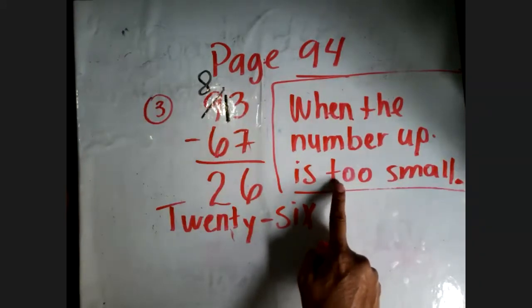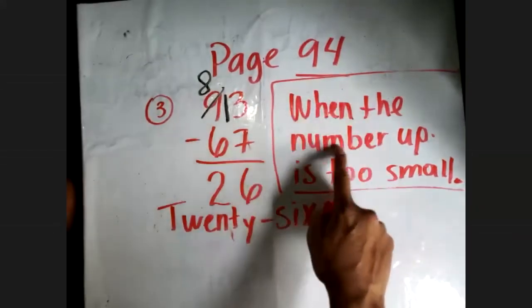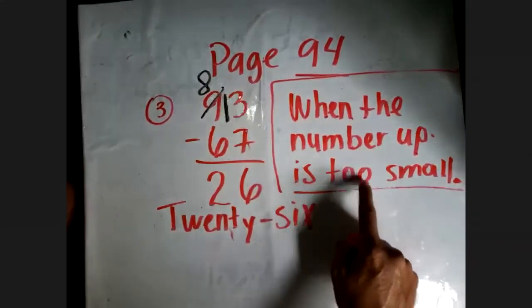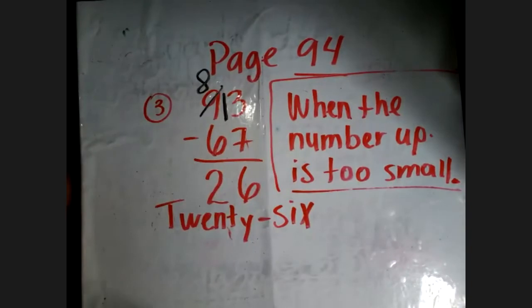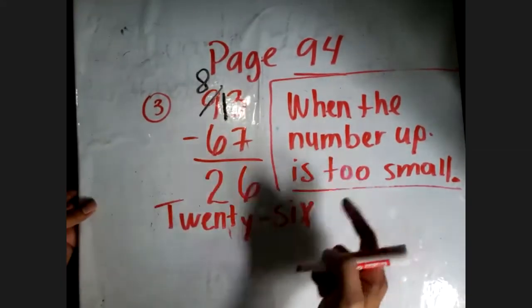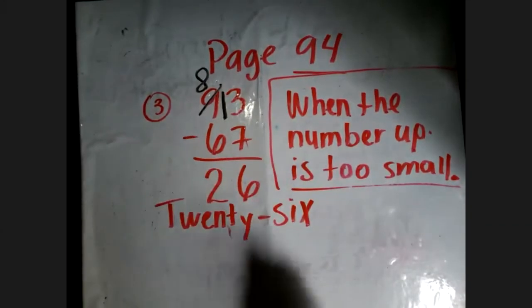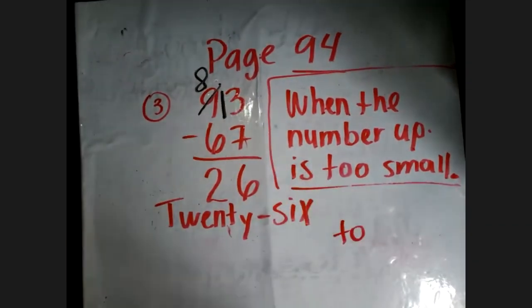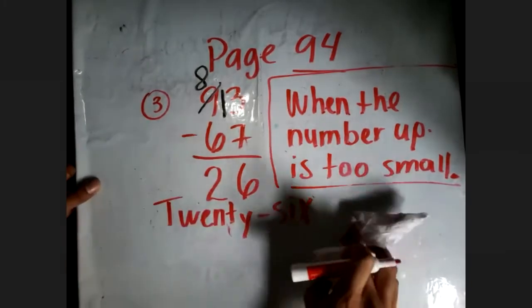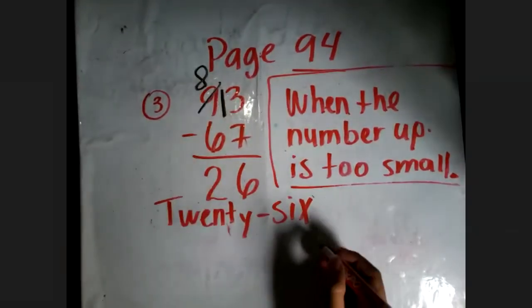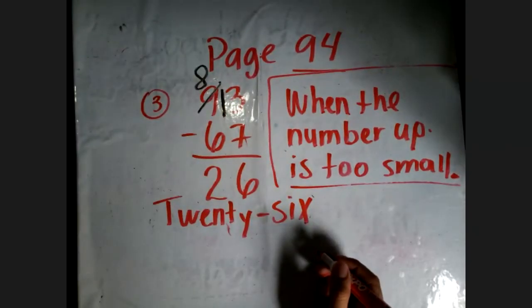Entonces, en este caso, too se llama demasiado. ¿Ok? Cuando el número de arriba es demasiado pequeño, ¿ok? Entonces, too con dos O tiene un significado diferente al que ustedes conocen, ¿verdad? Cuando tiene dos O significa demasiado o significa también.